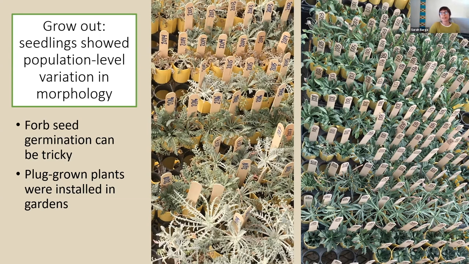So here we're looking at Macaranthera on the right and Canactus douglasii on the left. And each of those rows represents a different population. And you can see even with the naked eye, the differences in the leaf morphologies there.